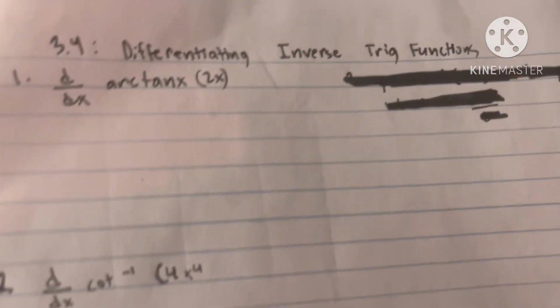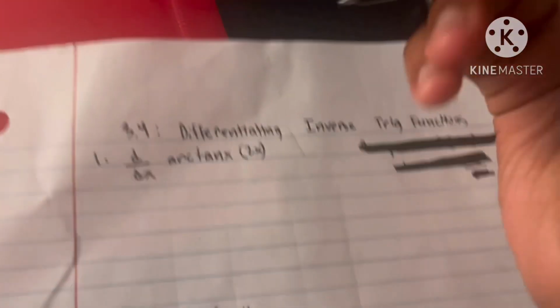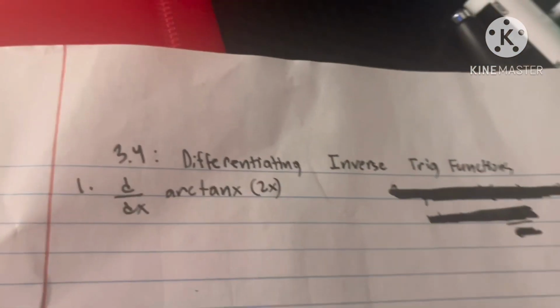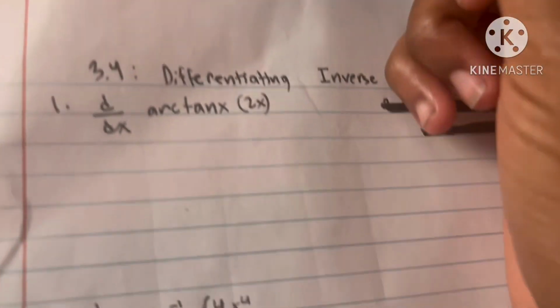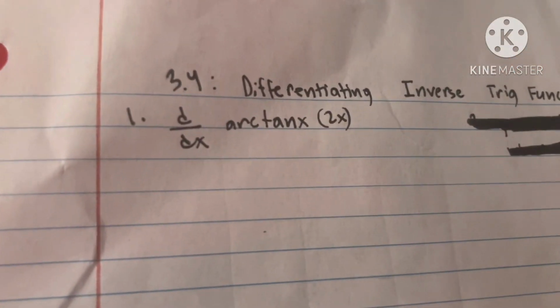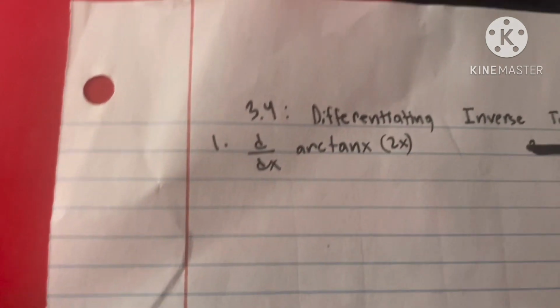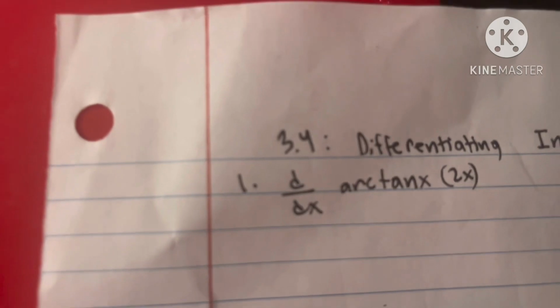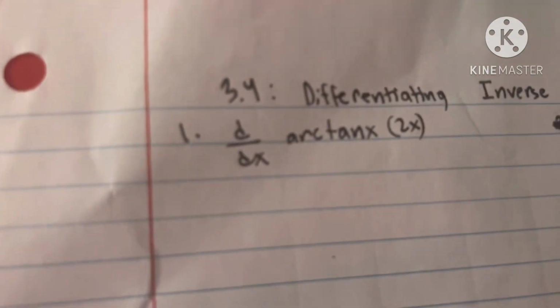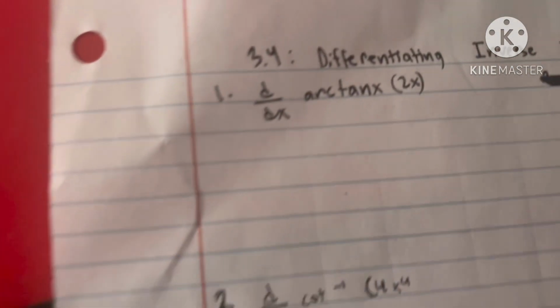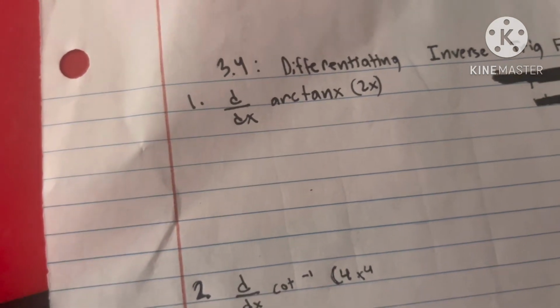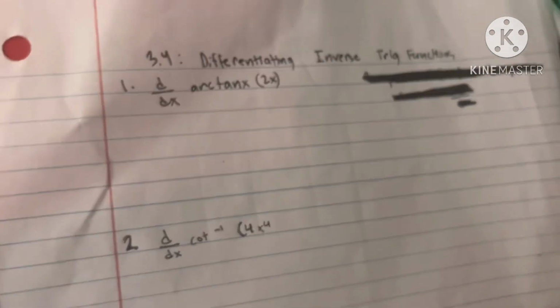Okay, so as we get into question 1, you're just going to find the derivative of this inverse trig function. So d over dx, with respect to x, of arc tangent in parentheses 2x. Automatically, I like to break down the problem.